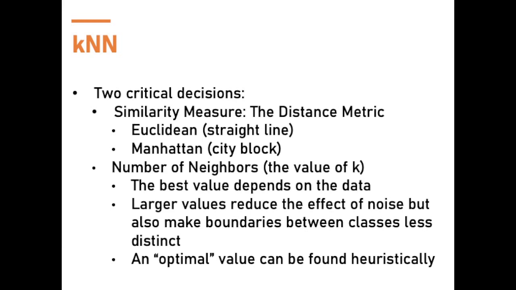And when using KNN, there are two critical decisions we have to make: A, to determine the similarity measure, and B, to determine the value of K. The similarity measure is a mathematically calculated distance metric.